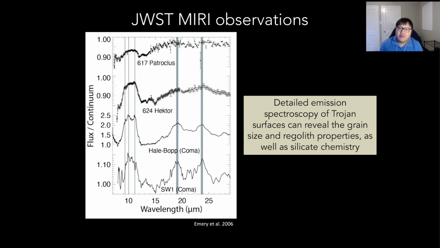JWST observations will dramatically improve the sensitivity and wavelength coverage throughout this range, allowing us to model the grain size and regolith properties. Additionally, the recovery of diagnostic features in emission around 50 and 25 microns will yield very tight constraints on the crystalline versus amorphous silicate fraction, as well as the magnesium content of the regolith.